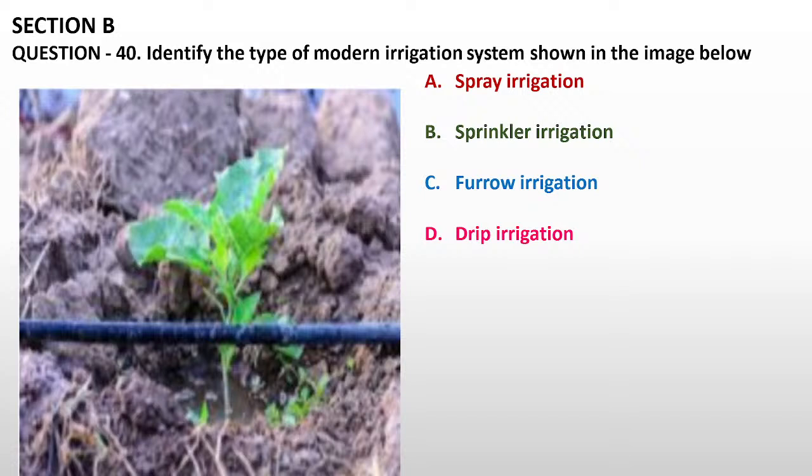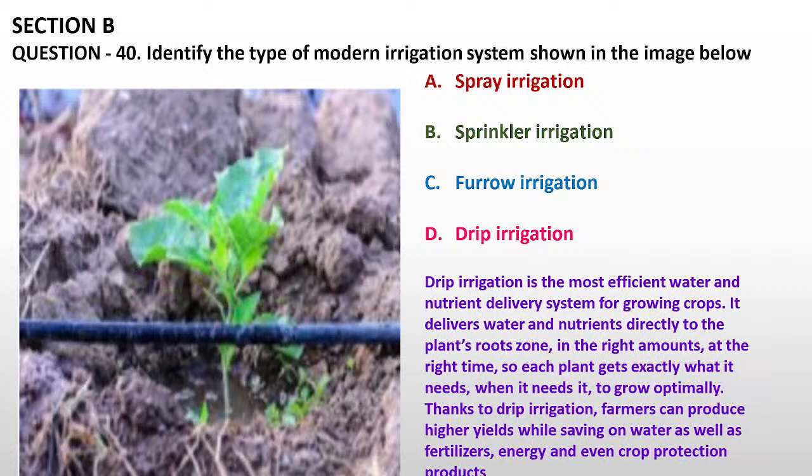And the correct answer for this question should be D, that is drip irrigation. Very good, Mayank Raj, smart girl, Arushi Shah, Jamila Ali, Anya. Very good, Kavya. Very good. Remember, drip irrigation is the most efficient water and nutrient delivery system for growing crops.